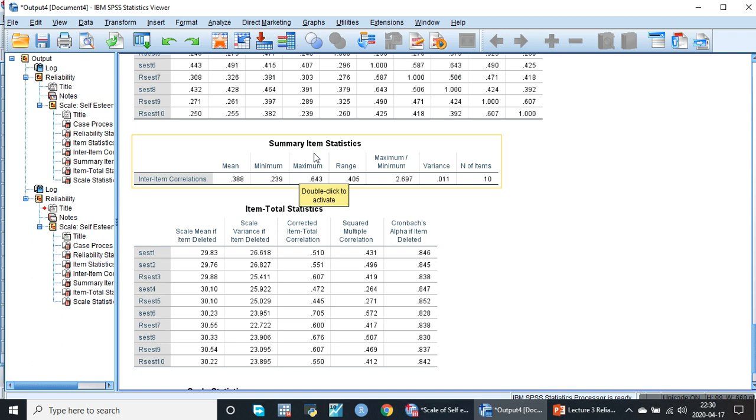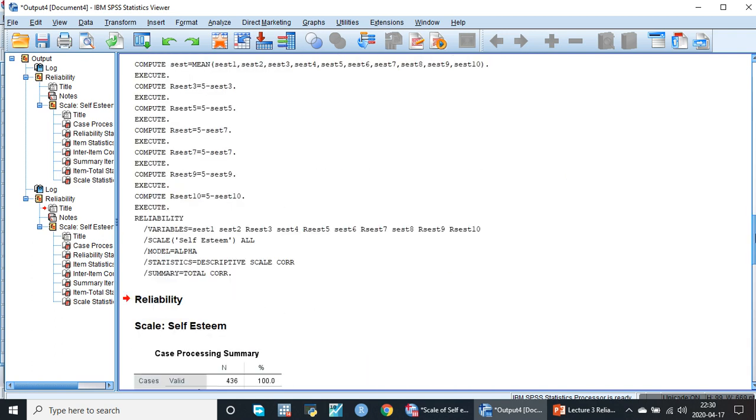Summary of item statistics. Sometimes we are using a scale which has a very low number of items. For example, some scale may have 5 questions. If the scale has a small number of questions, normally its Cronbach's alpha value is very low.